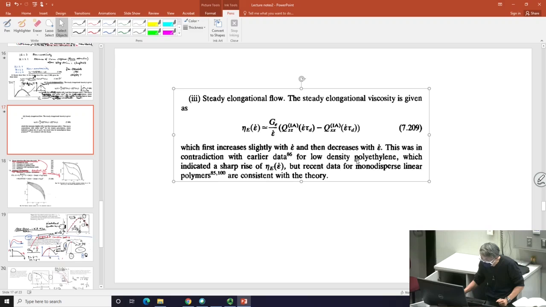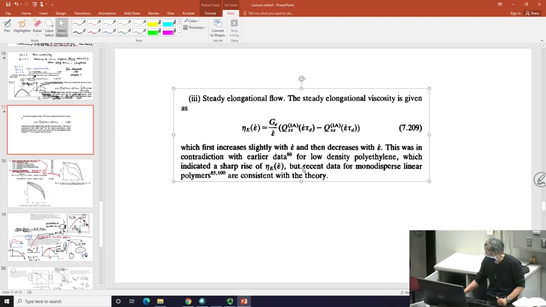According to the experimental polyethylene results, where you arbitrarily take the endpoint as the steady state result, your viscosity increases with the stretching rate, whereas they can only predict a decrease with the stretching rate.